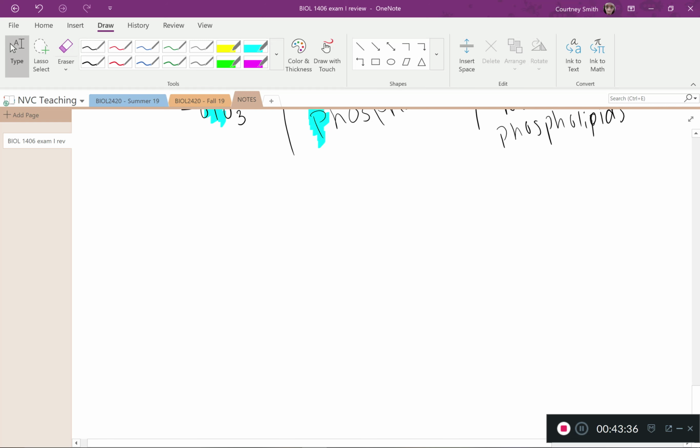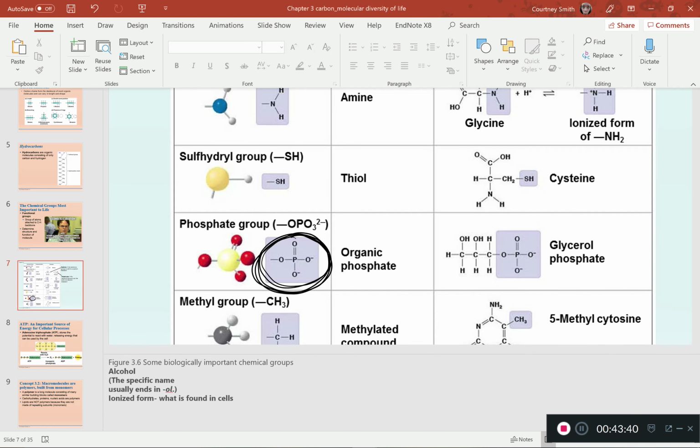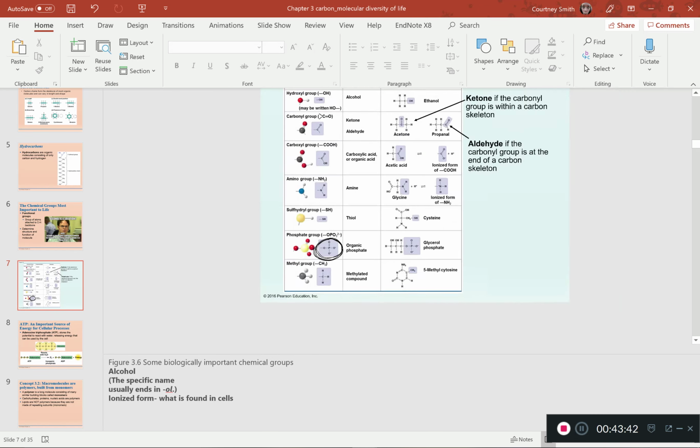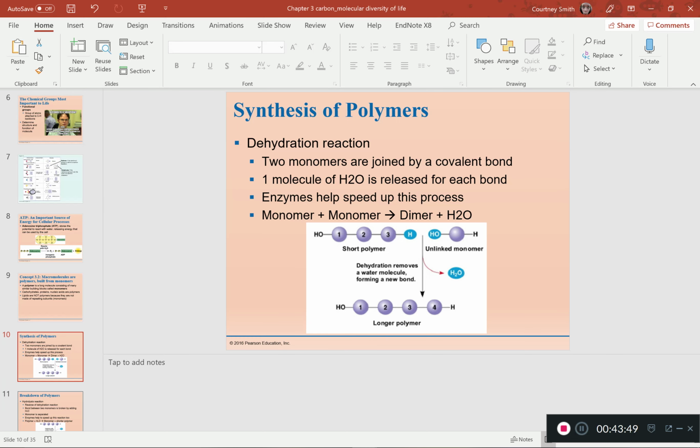Now, we're going to talk about what is the reaction that happens in order to build up these macromolecules that we talk about. The one to build up a macromolecule is known as a dehydration reaction. If you are dehydrating, you are taking away water.